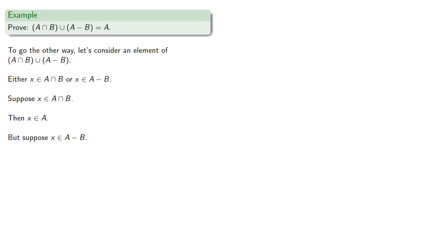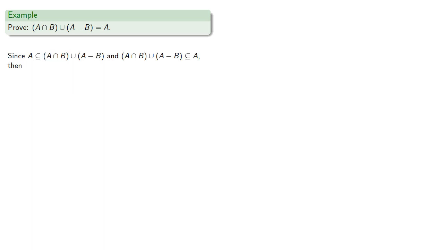To be in the set difference, you have to be in A as well, so whether it's in the intersection or the set difference, it's going to be in A. And so we have the union is a subset of A, and A is a subset of the union, which completes our proof.